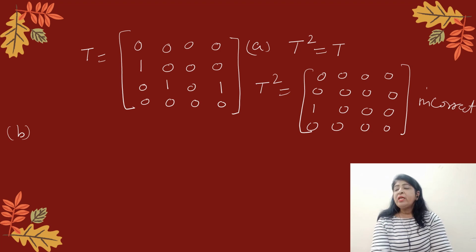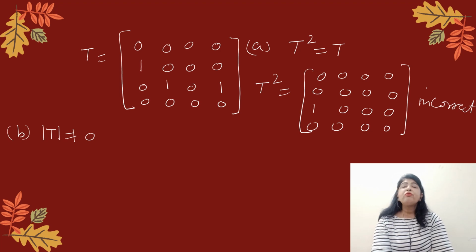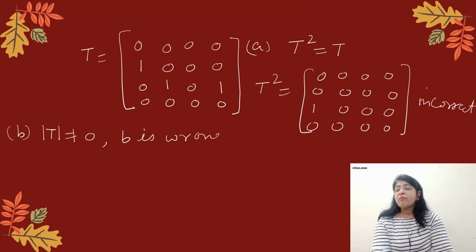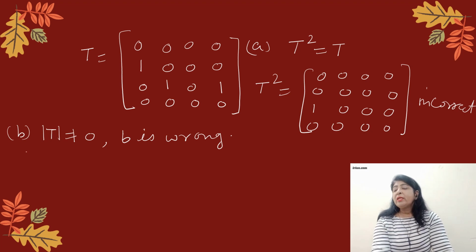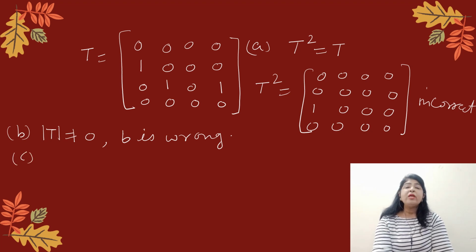Now the next option is T is invertible. If T is invertible, then determinant of T is not equal to 0. But as you can see, determinant of T is 0. So that's why B is wrong. Third, rank of T is 2, but he is saying rank of T as 3.